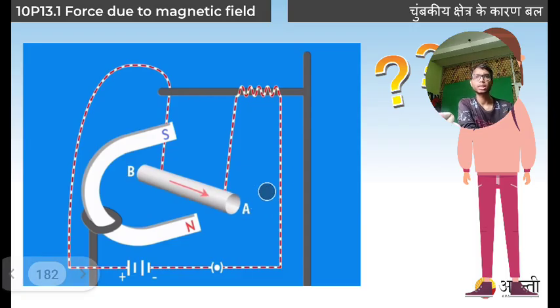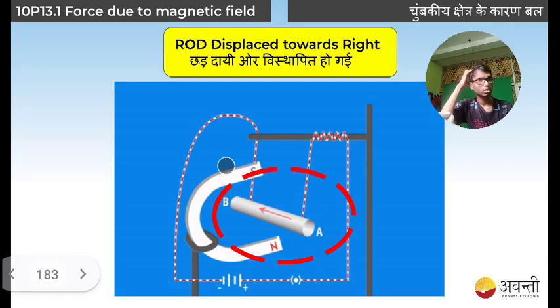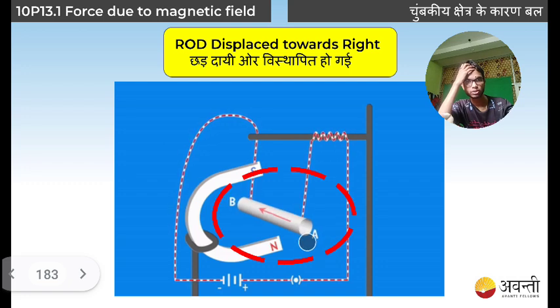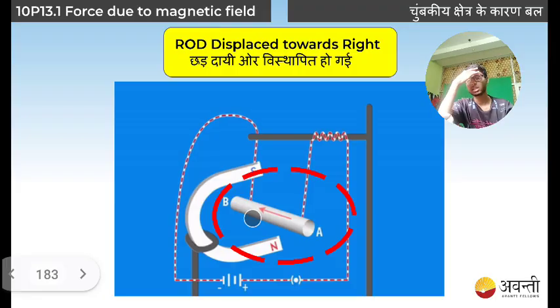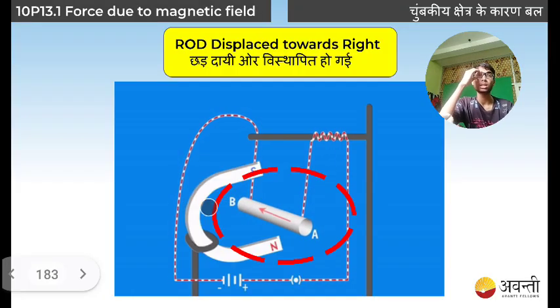Here you can see this is a wire, and here we have a battery, this is a switch. Now the switch is on. Now what is happening? The current is going B to A. The rod is displaced towards the right. When the switch is on, then this rod is displaced to the right.